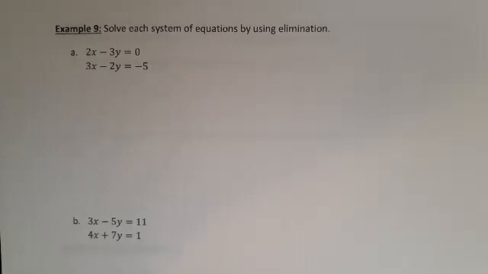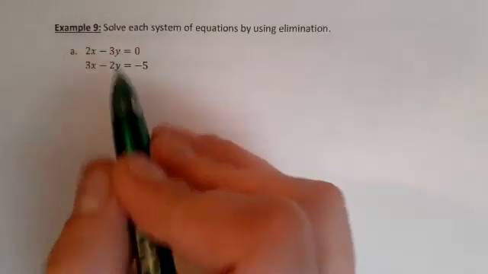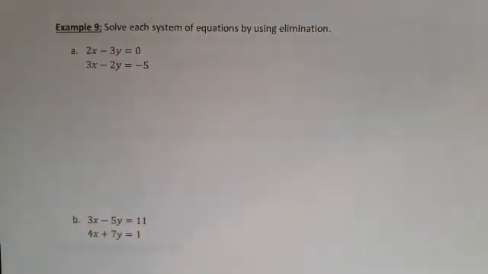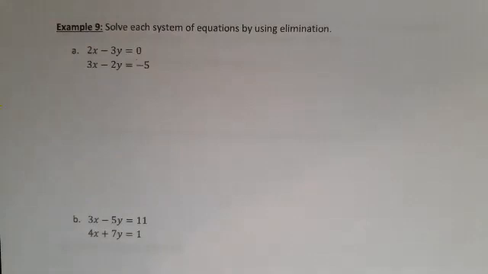So this is 2x minus 3y equals 0, 3x minus 2y equals 5. If I add them down, you can try it, but I'm going to have 3 plus 5, and this is going to give me minus 5. It's not going to get rid of one variable. So we want to set them up so that they're opposites. We want to get rid of either the x or the y.